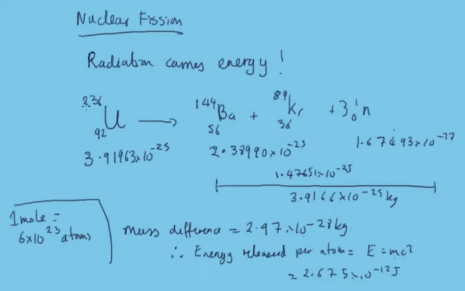Now, the isotope 236 is very, very short-lived. And because it's such a short-lived isotope, you don't find it much in the Earth.